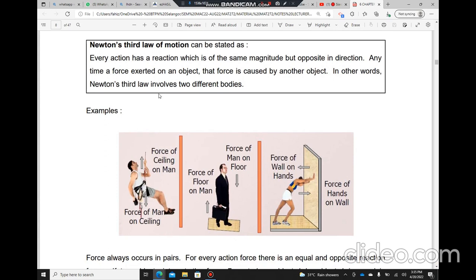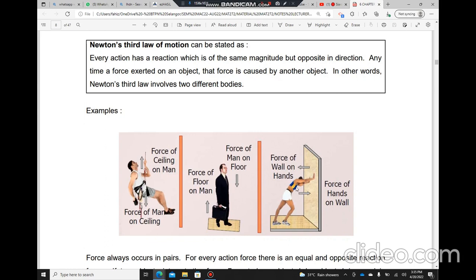Maknanya force tu ada untuk dua keadaan. Maknanya kalau contohnya apa ni, lelaki ni, man ni, dia ada force ke atas ceiling, and then ceiling pun dia ada force ke atas man ni. Maknanya dua-dua.